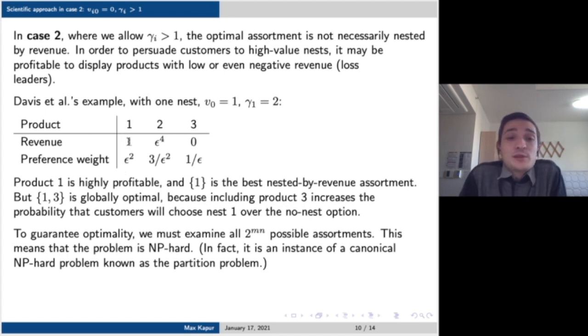However, the globally optimal solution is actually to offer product 1 and product 3 together, because including this low revenue product 3 increases the probability that customers will choose nest 1 over the no nest option, which has positive probability here. So to guarantee optimality, we have to examine all of the possible assortments in each nest. This means that the problem is NP hard.